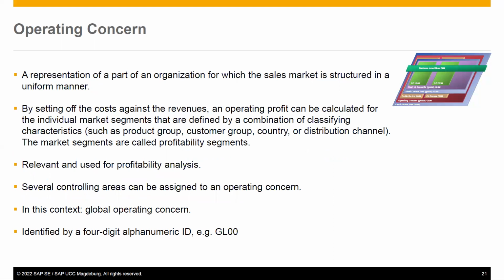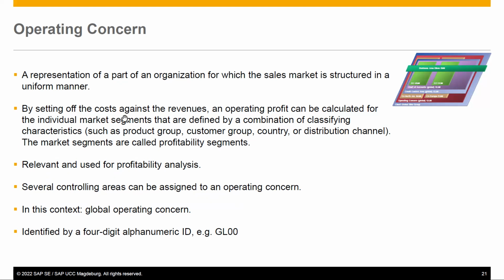Operating concern is also one of the organizational data. It represents a part of an organization, not the whole organization, a part for which the sales market is structured. For example, we have a product group, a customer group, a country, or a distribution channel.